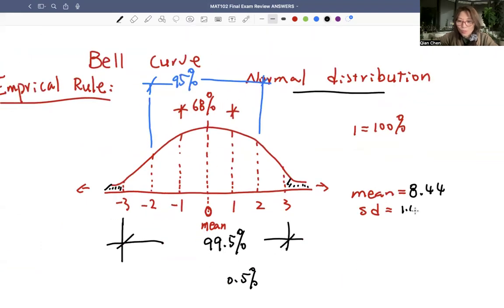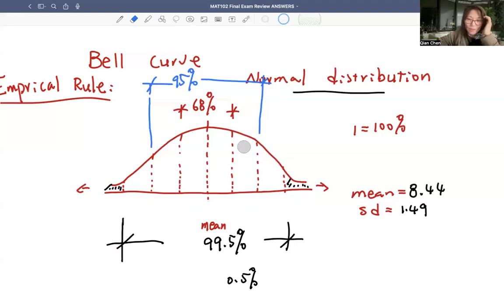So then we have to redo those numbers, right? The numbers I put over here were just a convenient case, easier to understand. So now the mean is 8.44, and towards the right, I'm going to add.